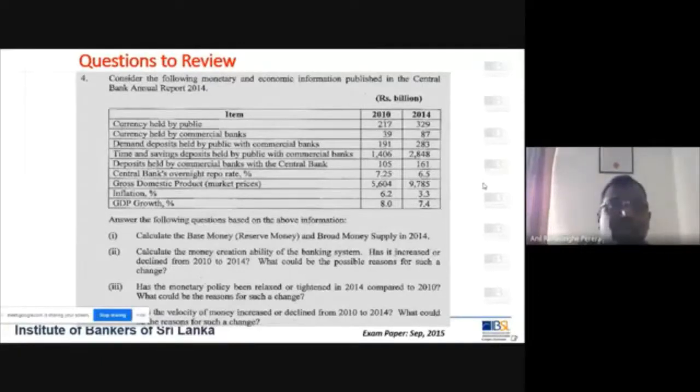Now, the first one, calculate base money, or what we called reserve money, and broad money supply in 2014. Actually, when we move down the questions, we have to compile both these aggregates for both years. But we'll start with the first one for 2014. Okay, what is the base money amount or reserve money amount for 2014?